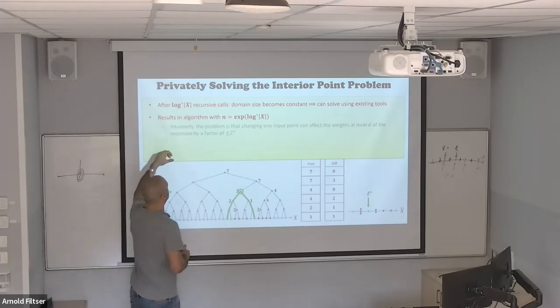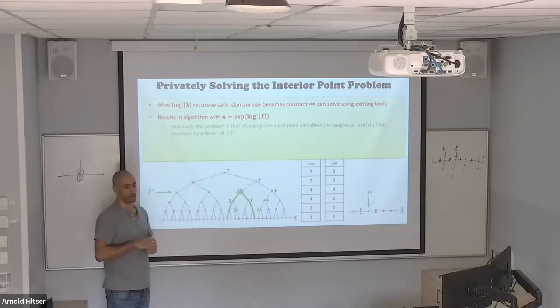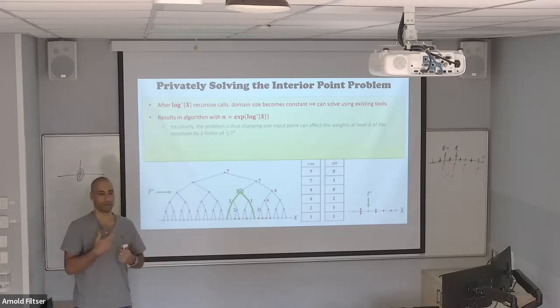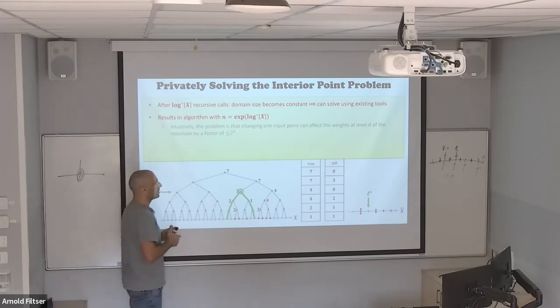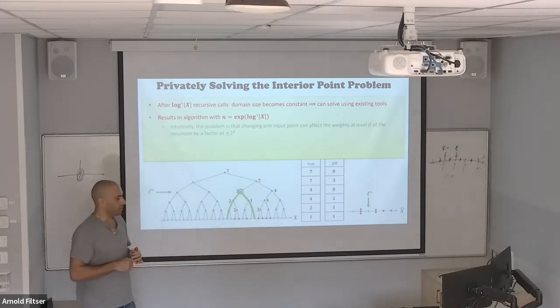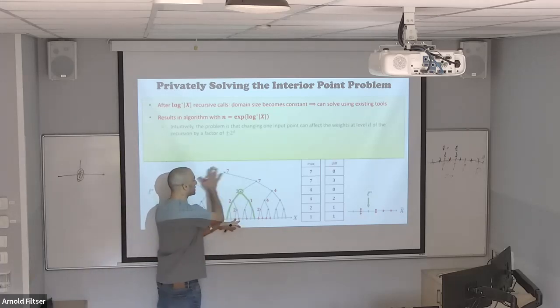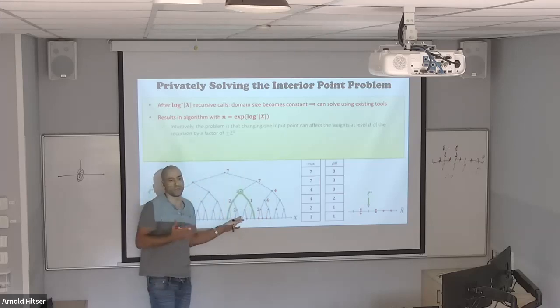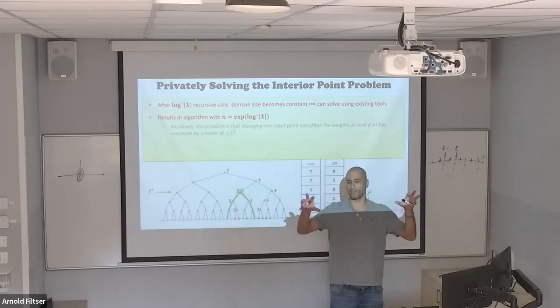The problem is that from one recursive call to the other, the effect that every original input point could have on your picture here multiplies by 2. Why is that? Let's say that that's the first iteration of the algorithm. If you change 1 point from your original data set, then the weights along the tree can change by at most plus minus 1. That's okay. But then the differences could change by 2, because you have a difference between 2 weights.